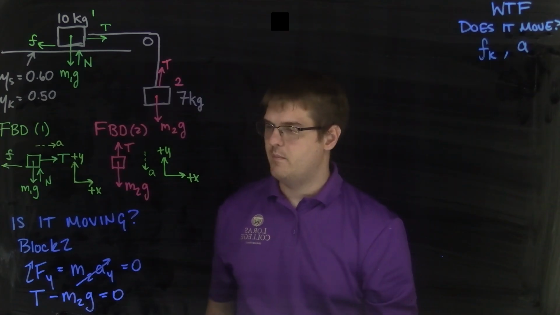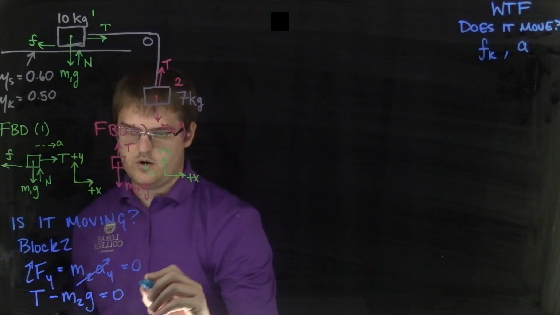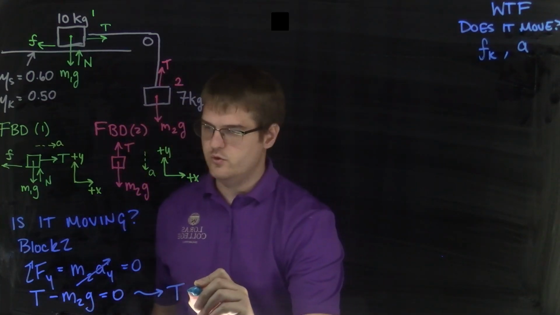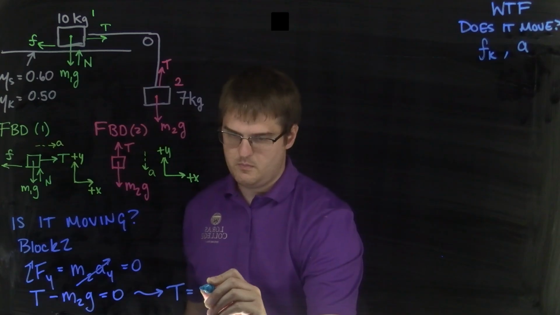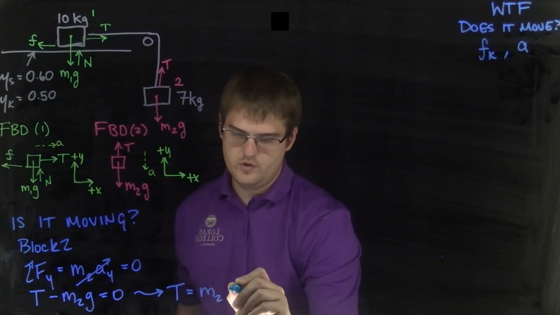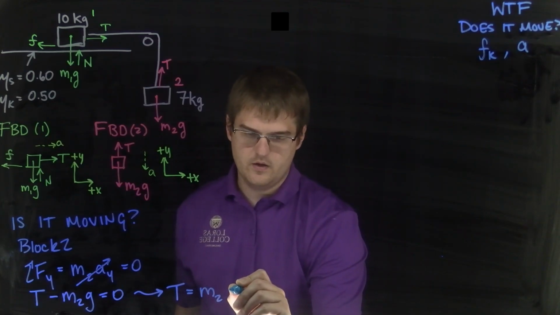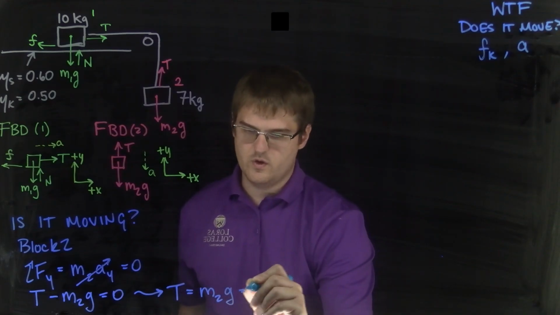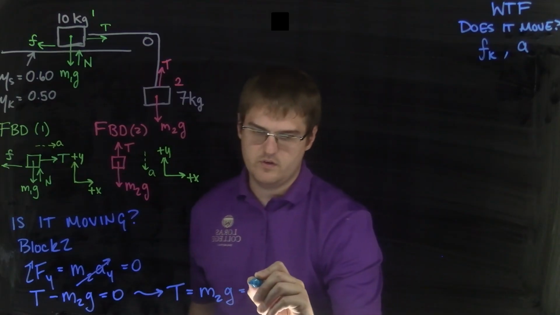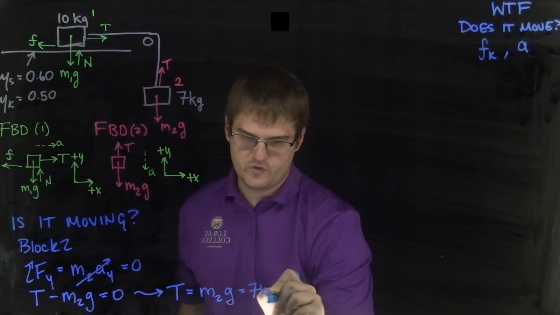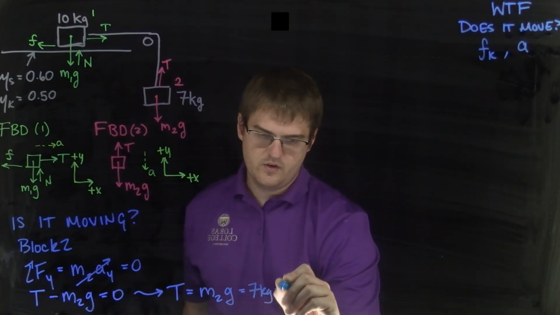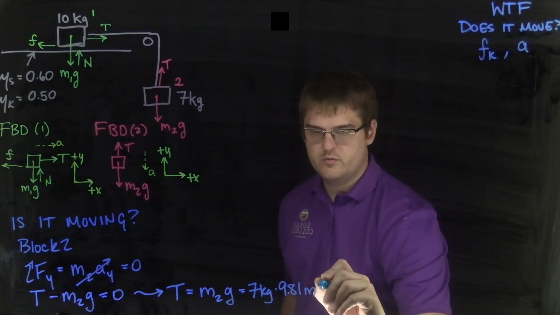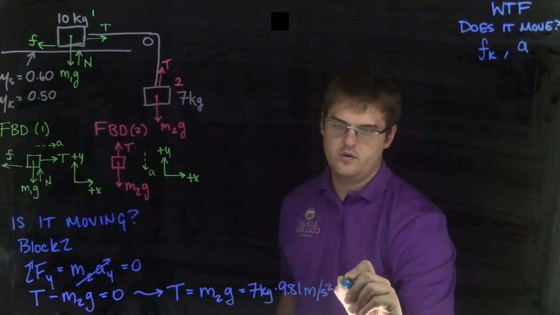So my tension is going to be equal to the mass of block 2 times my gravitational constant, which is 7 kilograms times 9.81 meters per second squared.